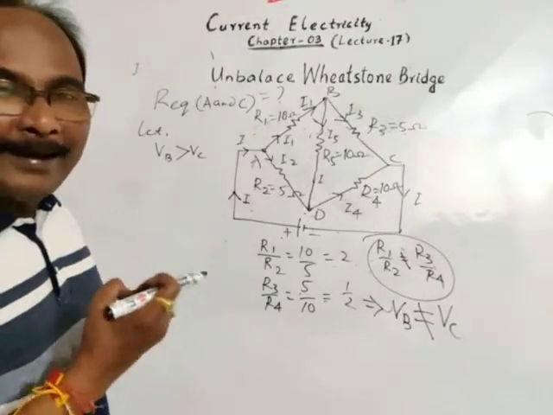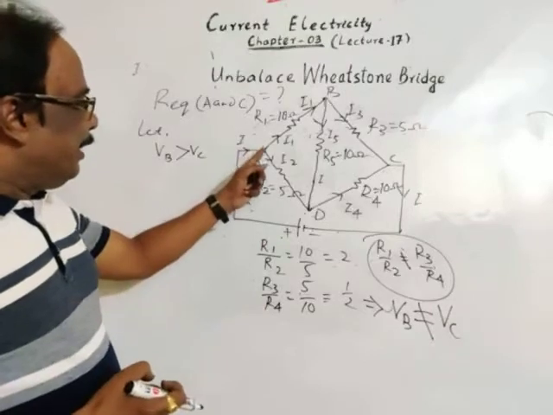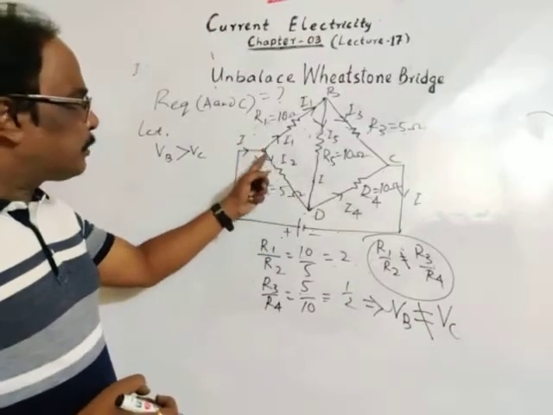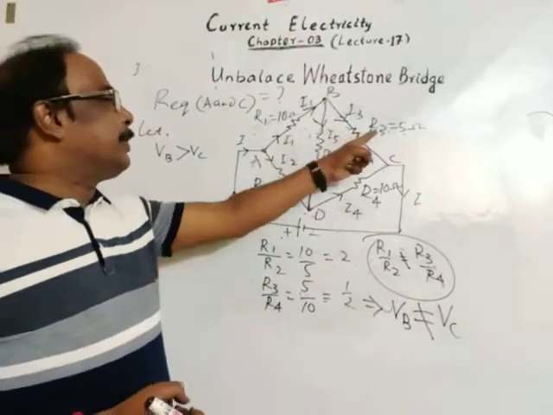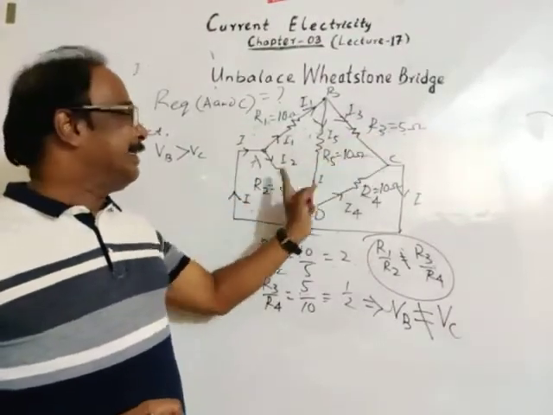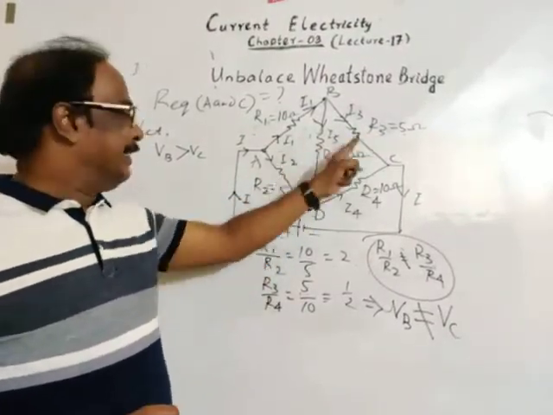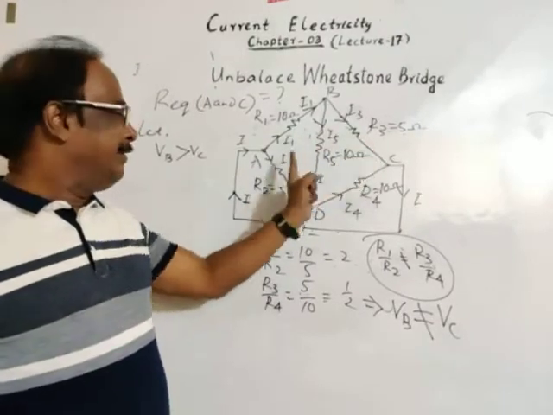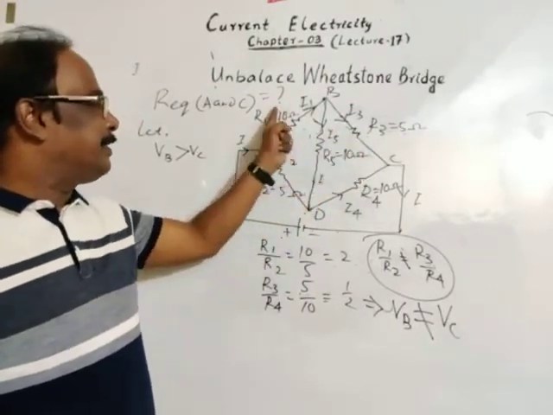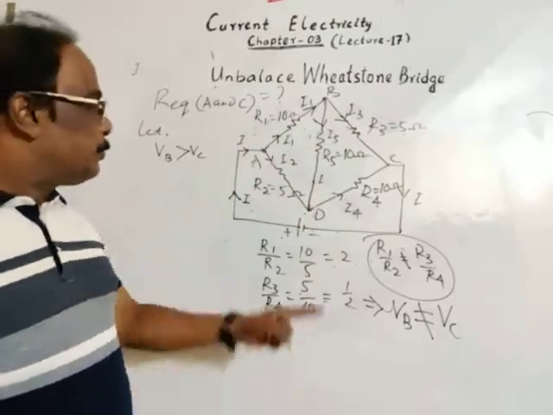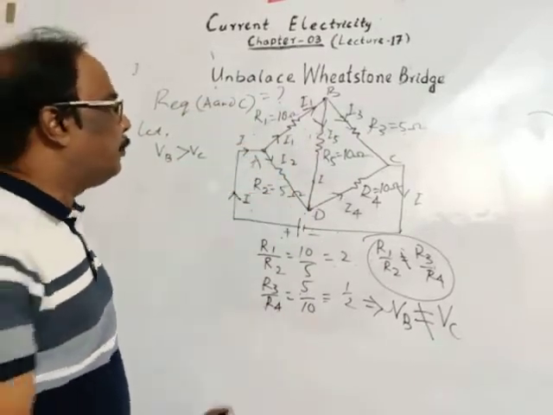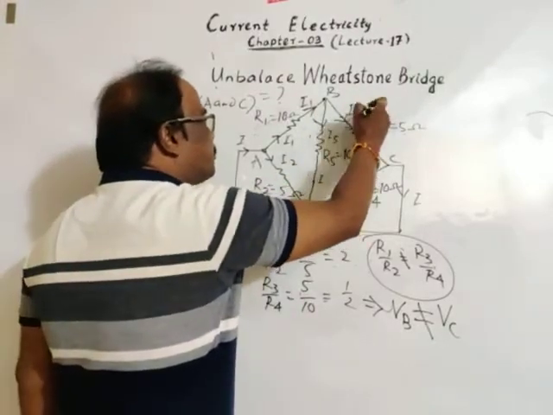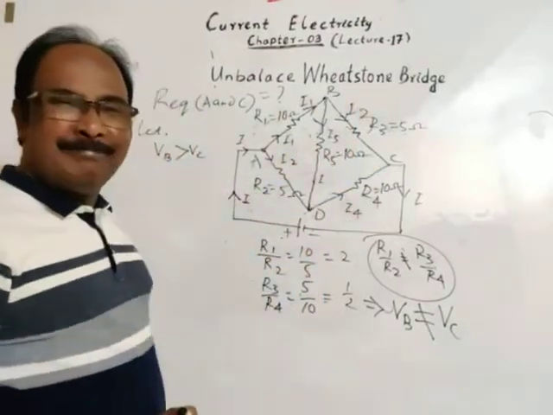Now we'll assign the current. Through this 5 ohm, current is I2. This is also 5 ohm. See the symmetry. This is 5 ohm, this is 5 ohm, this is 10 ohm, this is 10 ohm. So if current through this branch, through 5 ohm, is I2, then current through this branch must be I2.